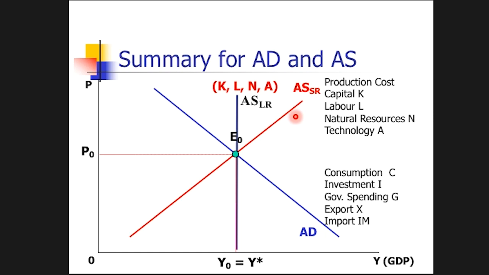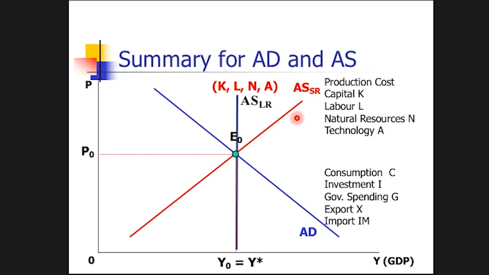Next, we have the two curves for supply: the long-run supply and the short-run supply. The long-run supply is constant, independent from the price, and the output depends on the production factors. With given production factors we will have a given output. This is called potential output.